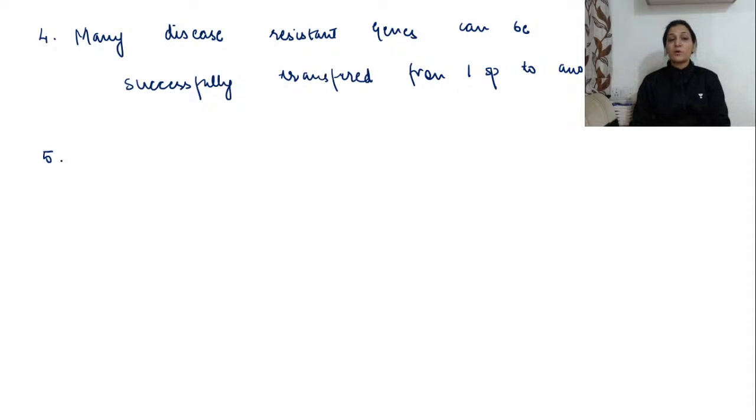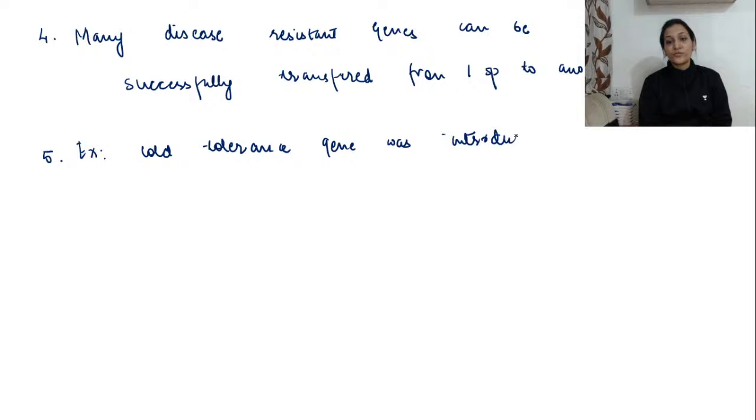Then the genes responsible for tolerance of cold, frost, and salt could be successfully introduced through somatic hybridization. So the introduction of cold tolerance genes in tomato is a success through somatic hybridization. We'll write one example here: a cold tolerance gene was introduced in tomatoes.